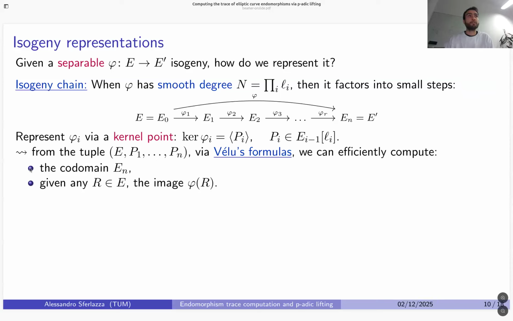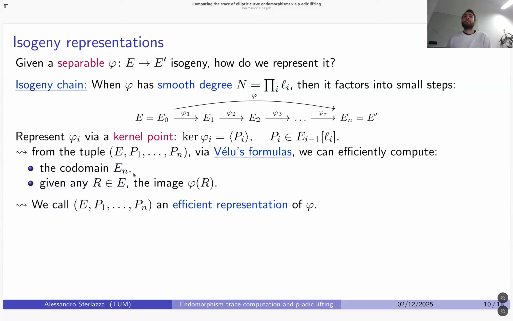Those two properties together can be condensed in the definition that this string of curves and all these kernel points of the steps are an efficient representation of the isogeny, that is, they give us the codomain and an evaluation algorithm.